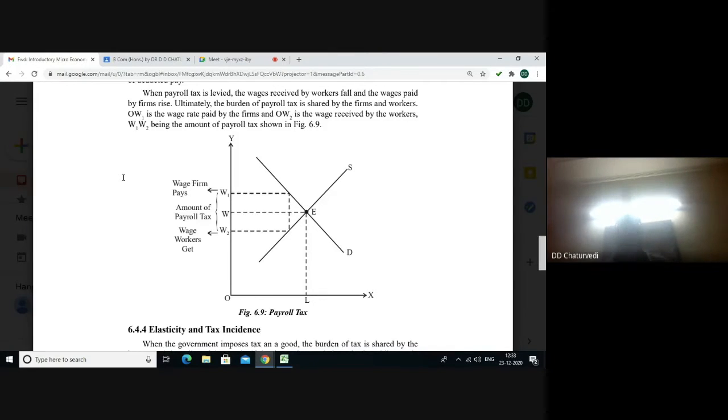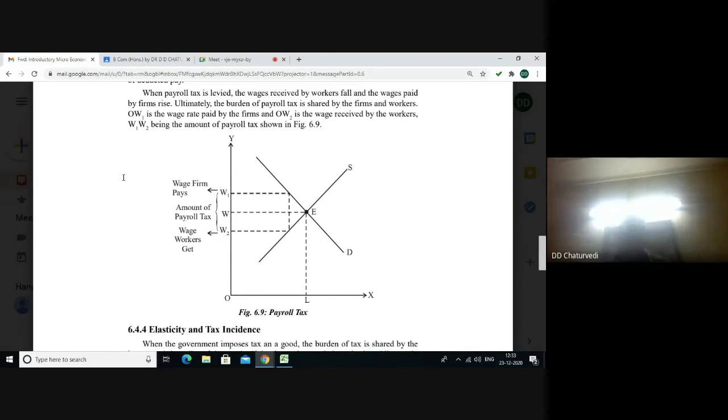OW1 is the wage the firm is paying to the worker, that is more than the equilibrium wage rate OW. But the workers are receiving wages equal to OW2. W1, W2 is the amount of payroll tax going to the government.